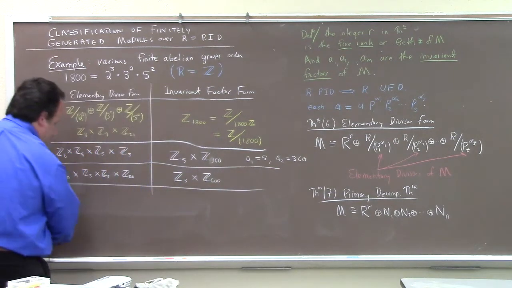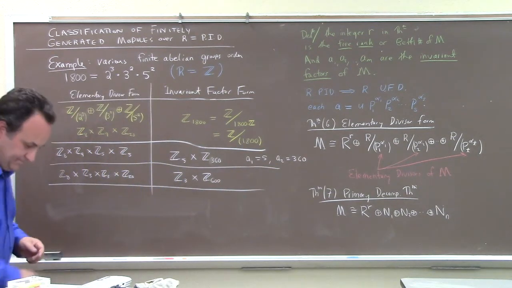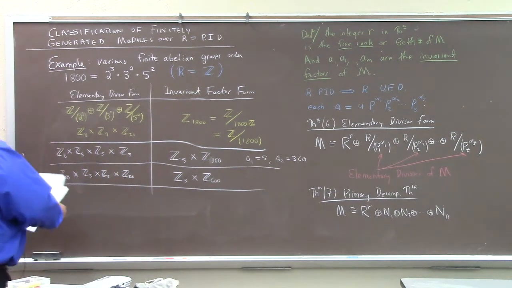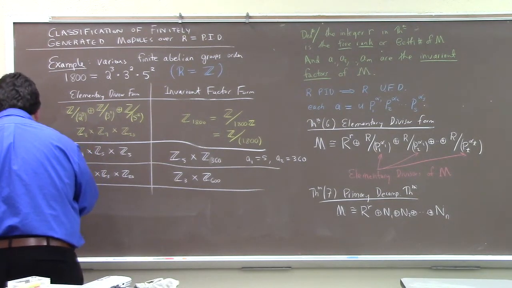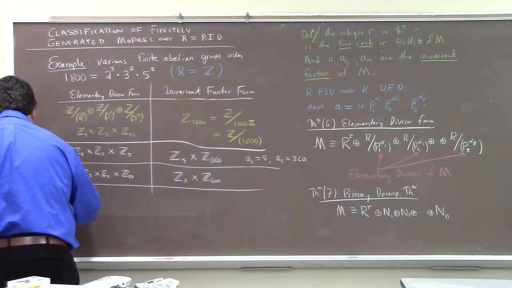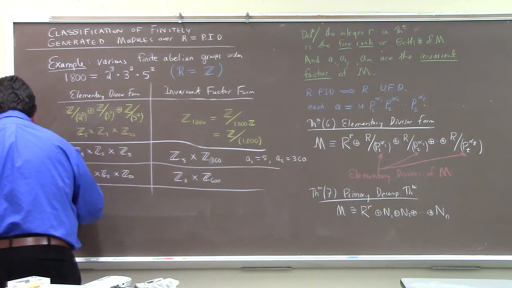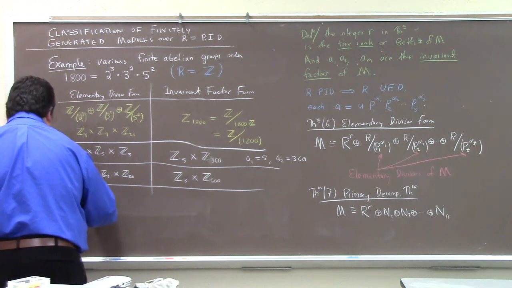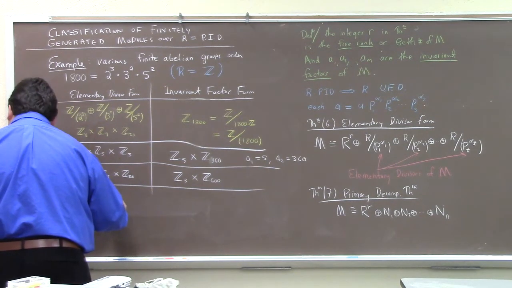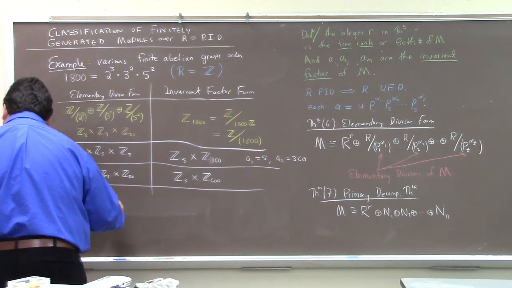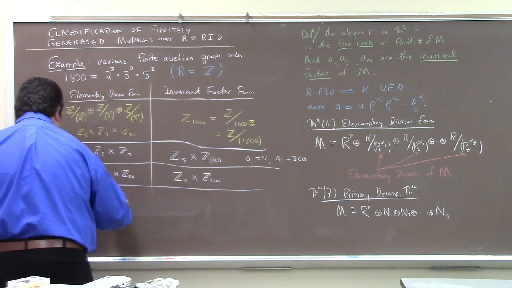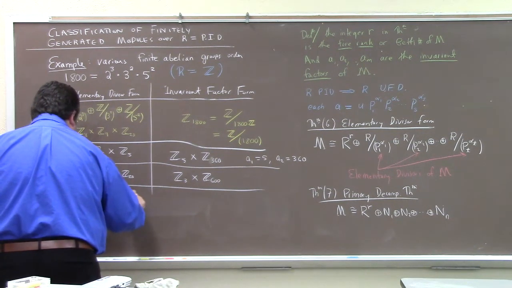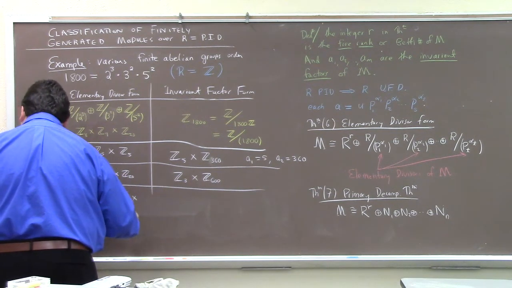Next up, let's see, where was I? I'm going to skip ahead a bit, there's a bunch of these. I'll skip ahead to Z2 cross Z2 cross Z2 cross Z9 cross Z25.